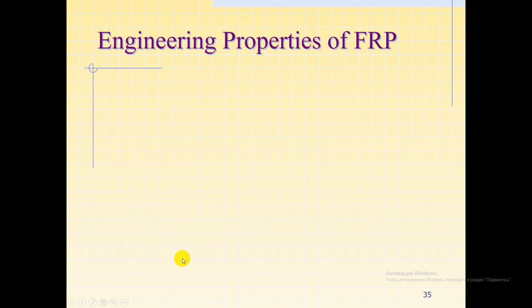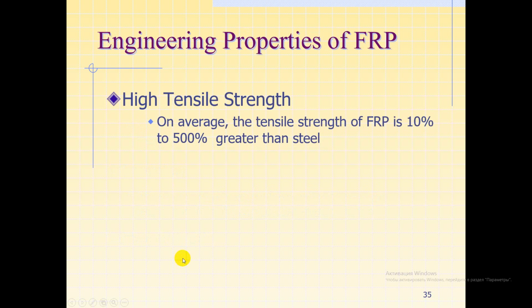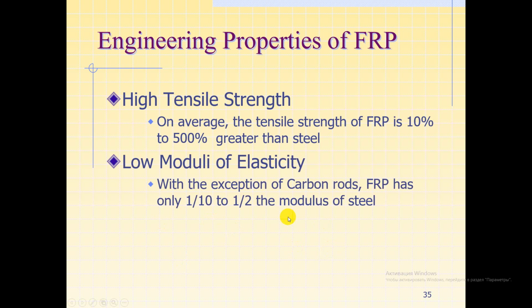Engineering properties of FRP. High tensile strength. On average, the tensile strength of FRP is 10% to 500%, 100% greater than steel. Low modulus of elasticity.